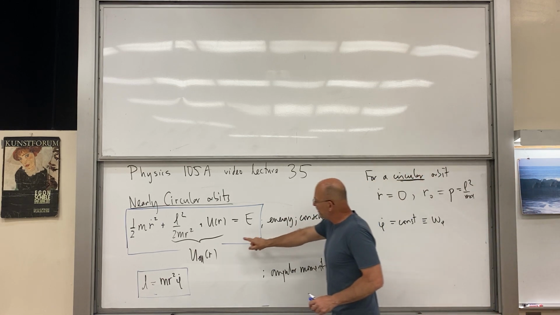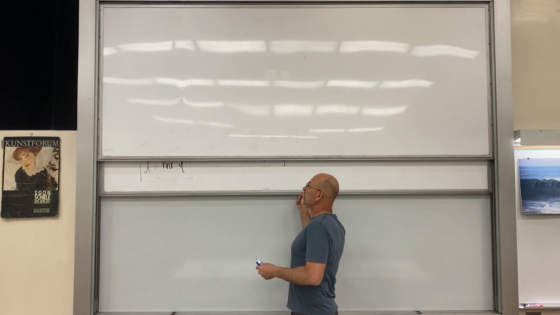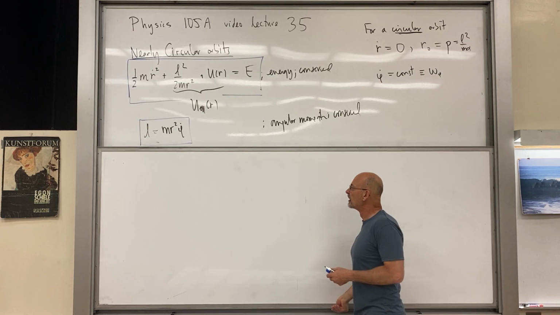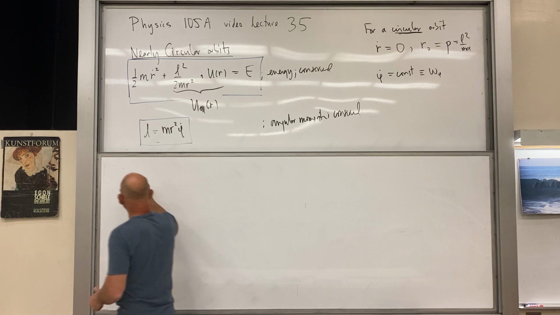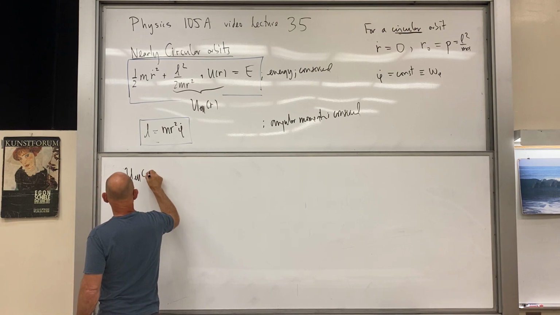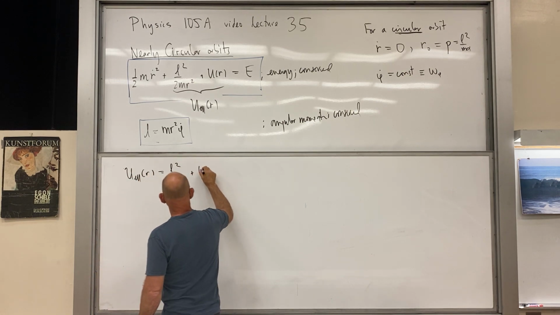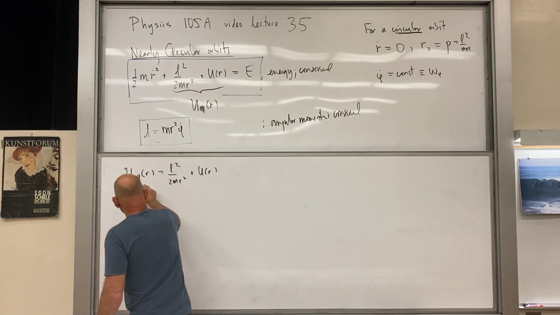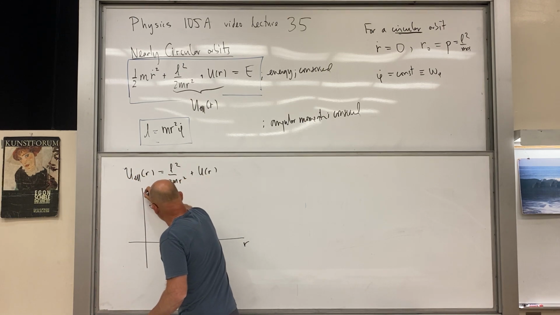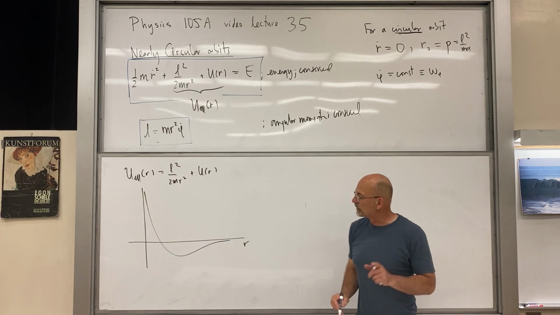So we're going to look at the effective potential again, which we've analyzed a few times now. So we have U effective of r, which is L squared over 2mr squared plus U of r. We'll draw our generic Kepler problem effective potential just to have one here.